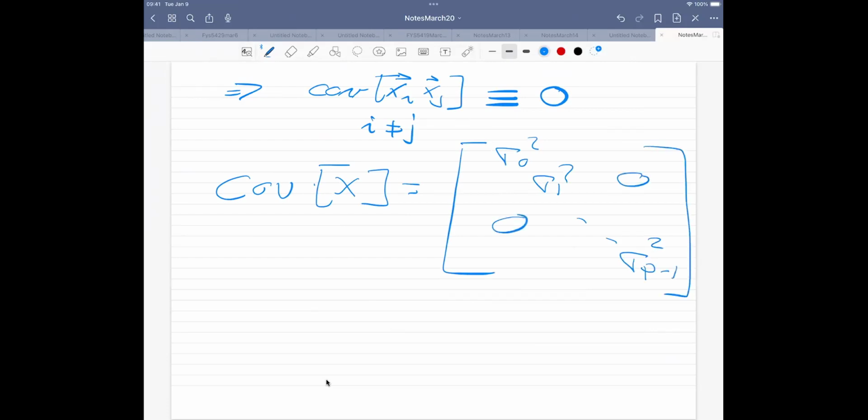And the rest of the elements are all 0. So then we have the variance, which simply measures the spread around the mean value of a given vector here. Okay?